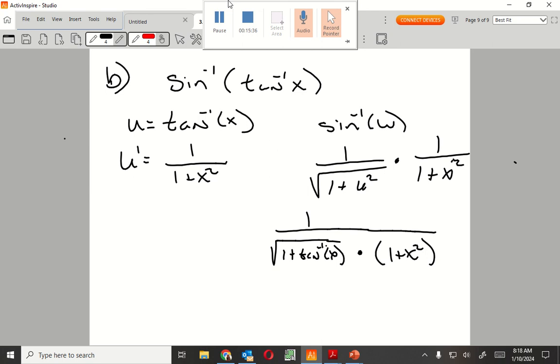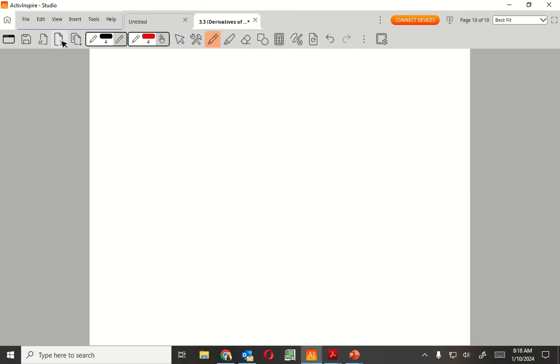All right, let me look at the notes. Ooh, we have another one, don't we? There we go. So next one is going to be the derivative of secant.